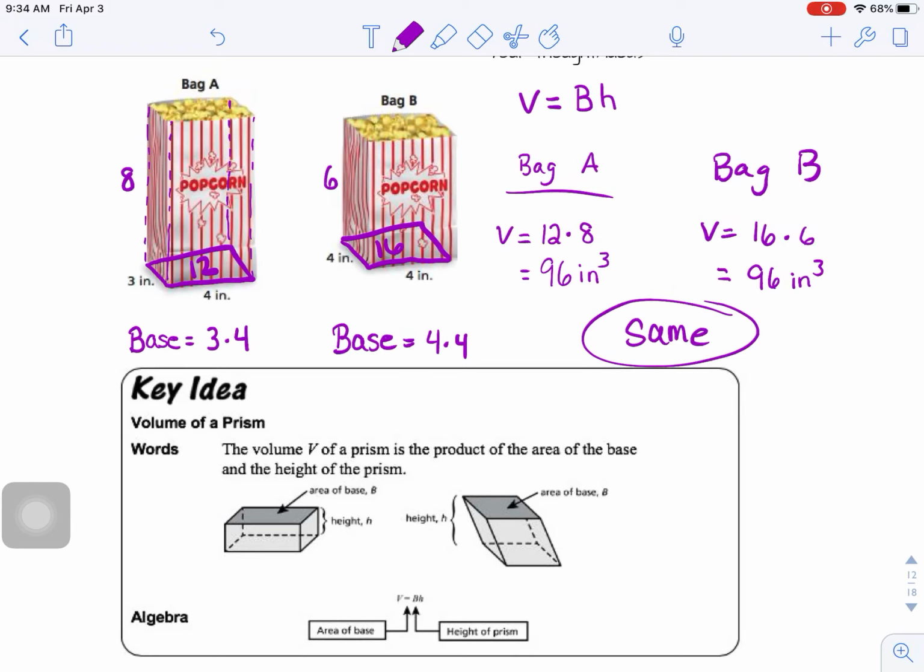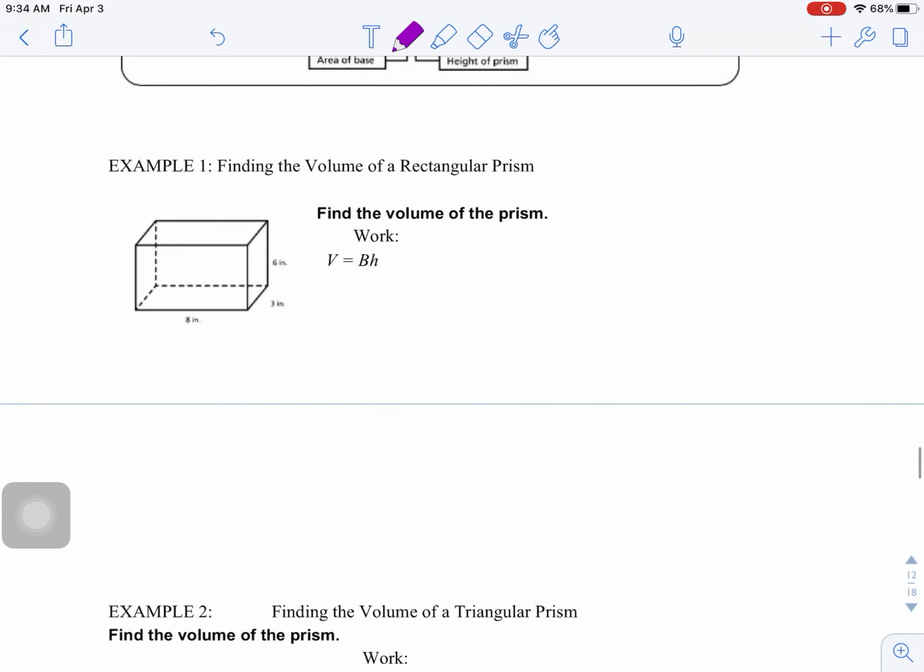Okay, so there's 2 steps for finding the volume. You have to find the area of the base and multiply it by the height. Alright, so flipping to the next page, if we look at example 1, those numbers are a little hard to read, so that's an 8, this is a 3, and that's a 6.